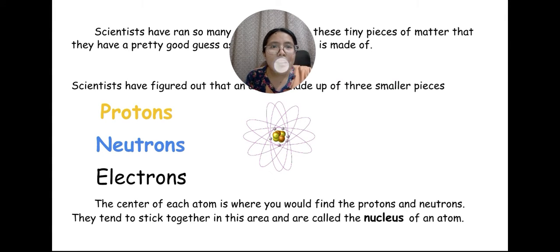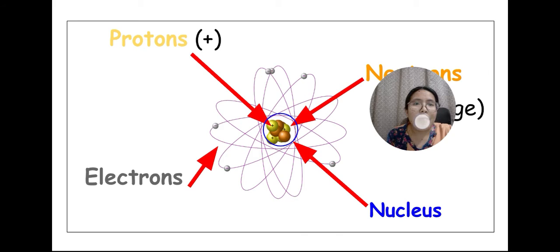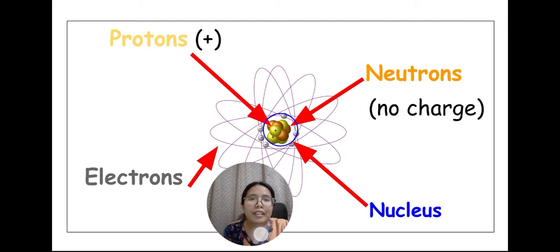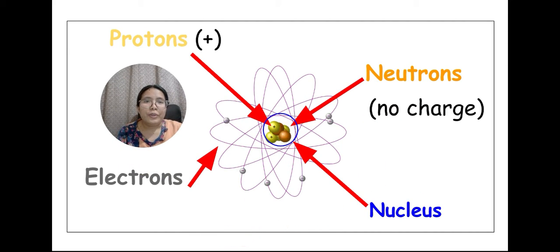So, para mas maintindihan nyo, we have this one. Make it a bigger one. Okay? So, ito po ay isang atom. Ang tawag po dun sa may plus. Okay? May plus. Kung sa math, integers, pero nasa chemistry tayo, yung may plus, ang tawag po dun ay protons.